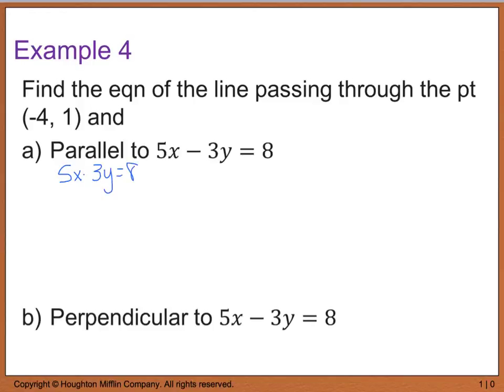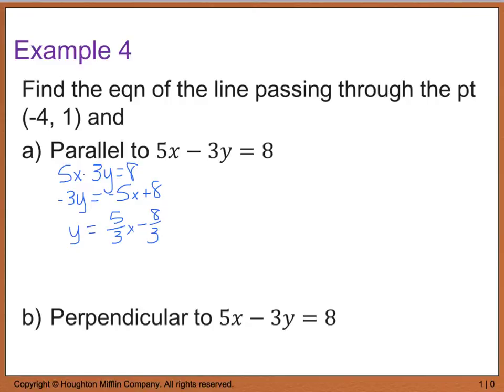I'm going to move the 5x, so I have negative 3y equals negative 5x plus 8. We need to divide by the negative 3, and we end up with y equals 5/3 x minus 8/3.